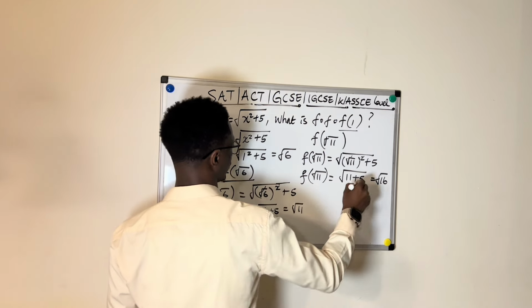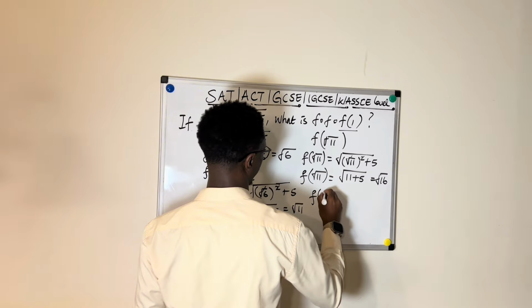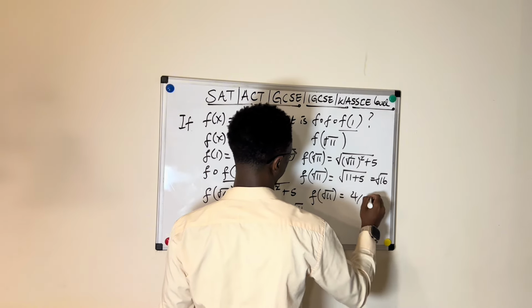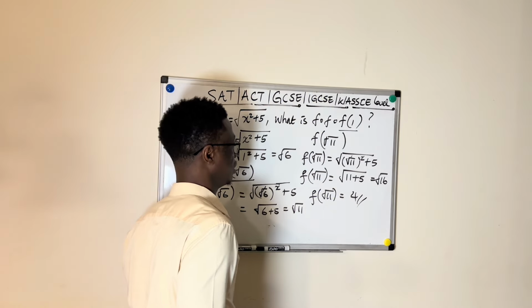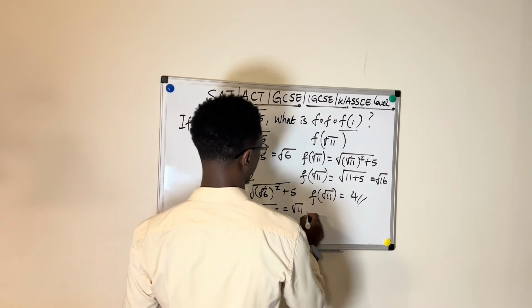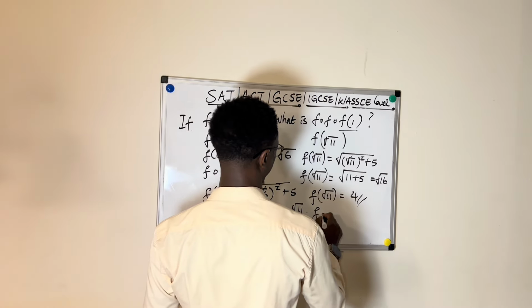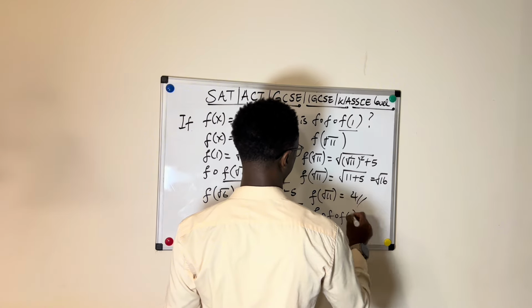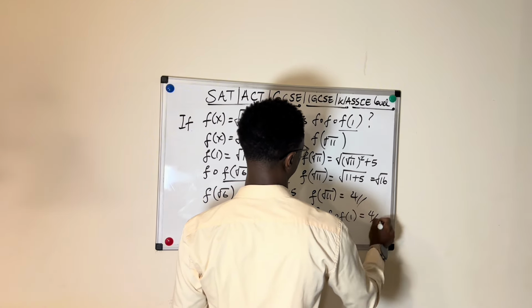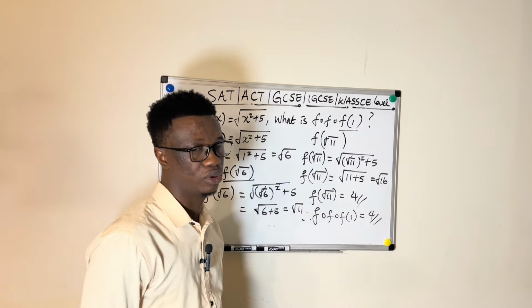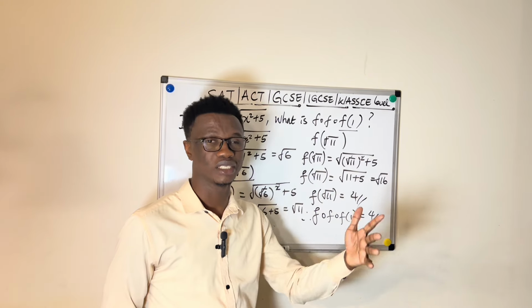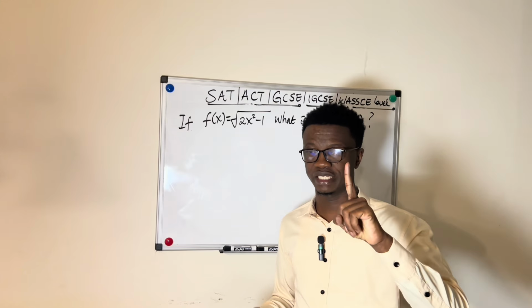And the root of 16 is 4. So my f of root 11 is equal to 4. Therefore, your f of f of f of 1 is equal to 4, which is your answer. Let's solve one more example, and I will give you an exercise to do.